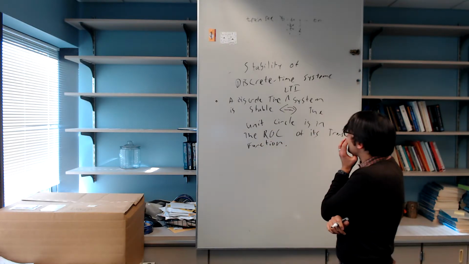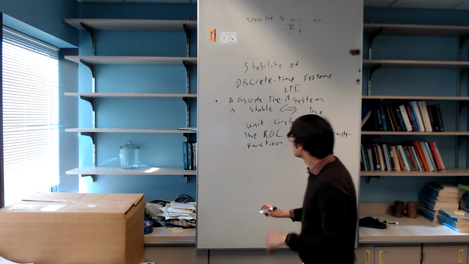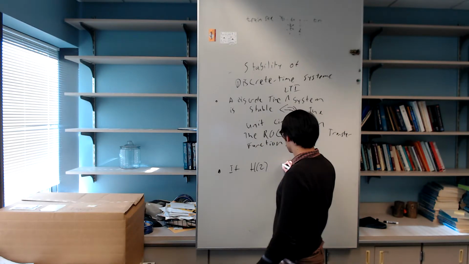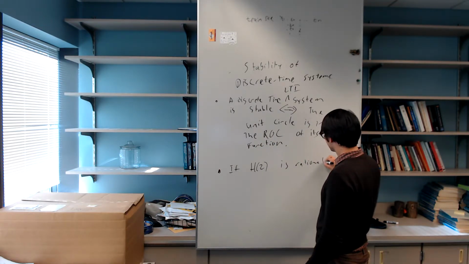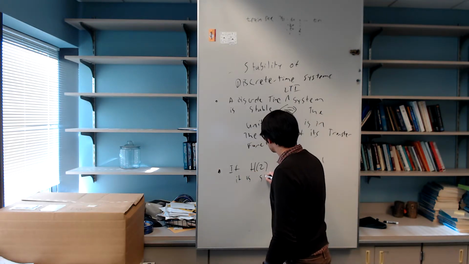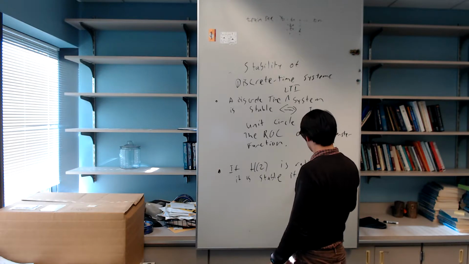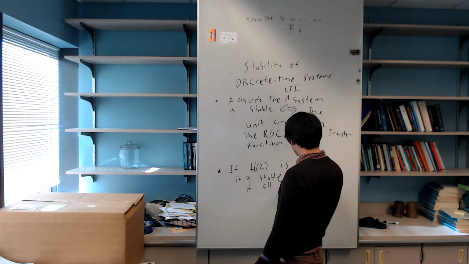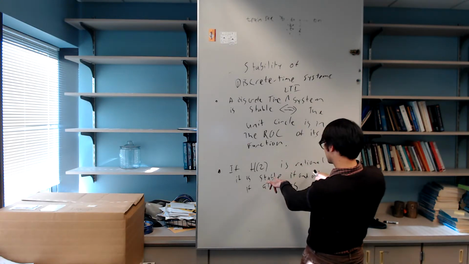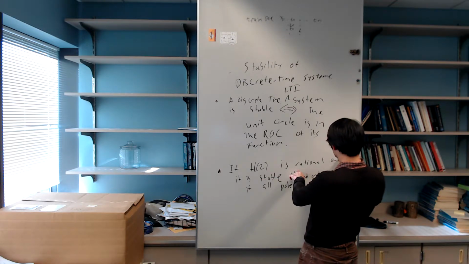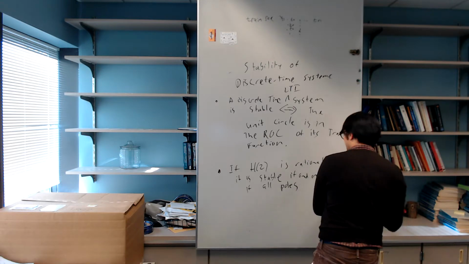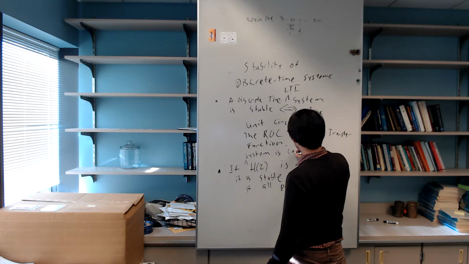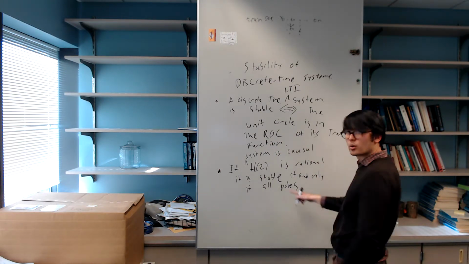And then the other thing that we're going to see here is if h of z is rational, and if the system is causal, so we're going to see that that shows up all the time.